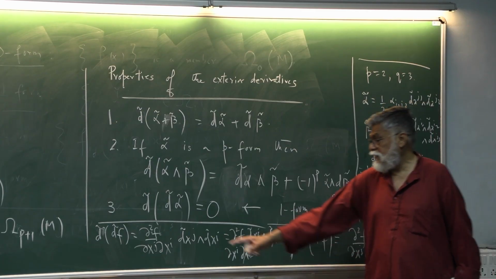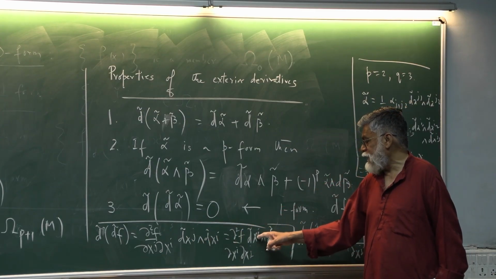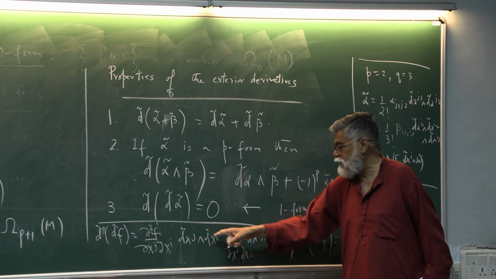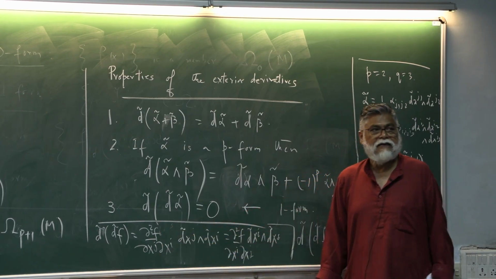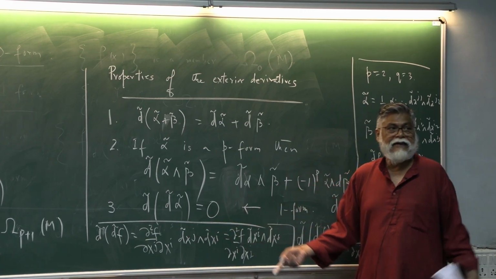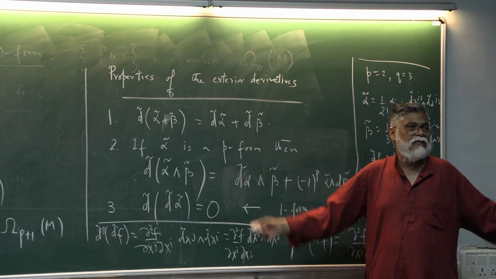Okay, so this is the same as this. But dxi wedge dxj is minus dxj wedge dxi, while del 2f by del xi del xj is the same as del 2f by del xj del xi. So this is minus of this. Anything that is negative of itself is 0.